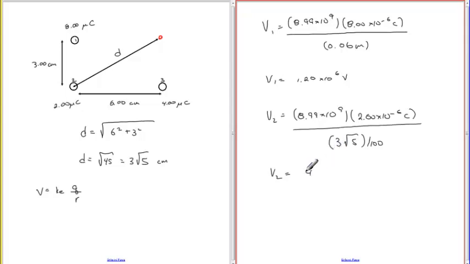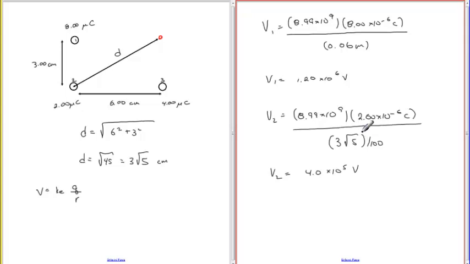So here we've got 4.0 times 10 to the 5th volts. And that makes sense because this is 1/4 the amount, and this is going to be larger.